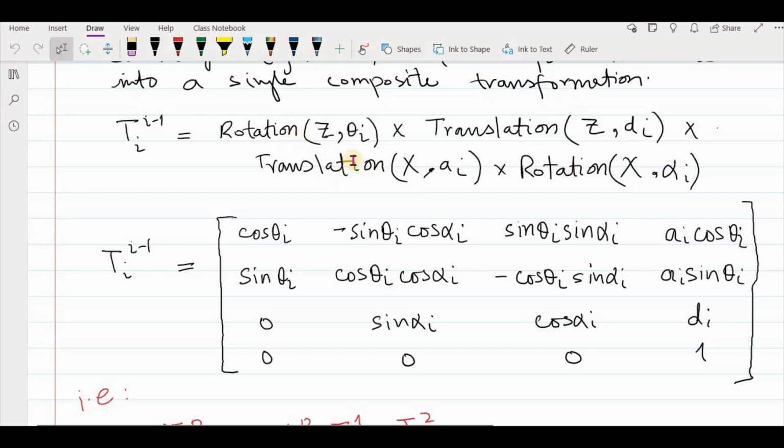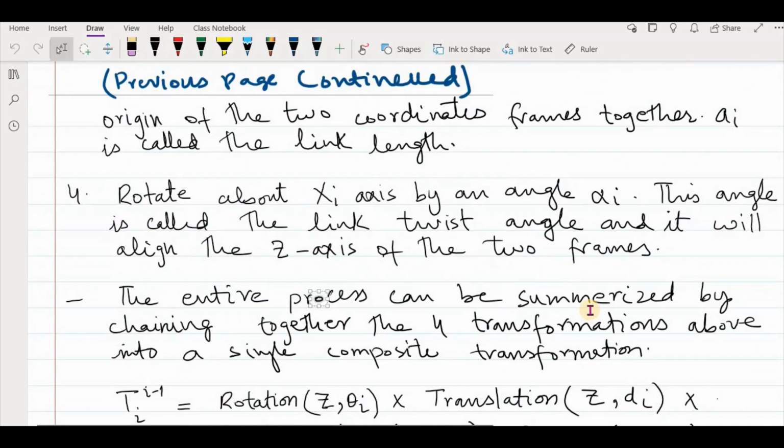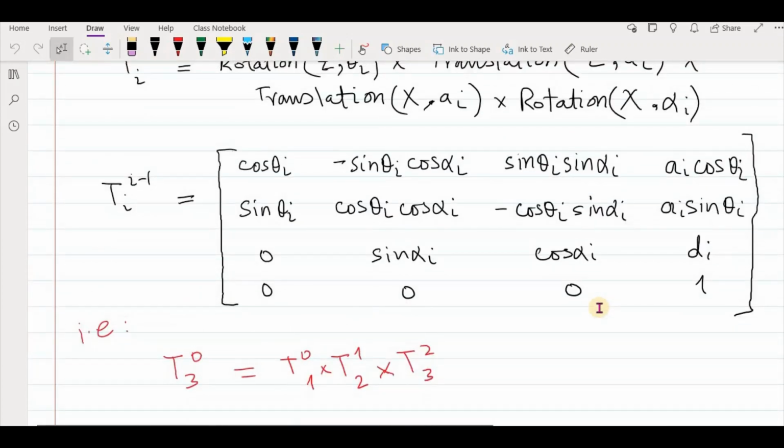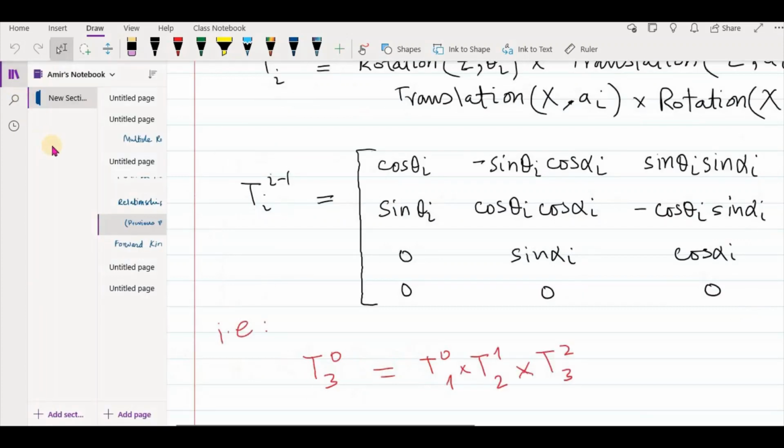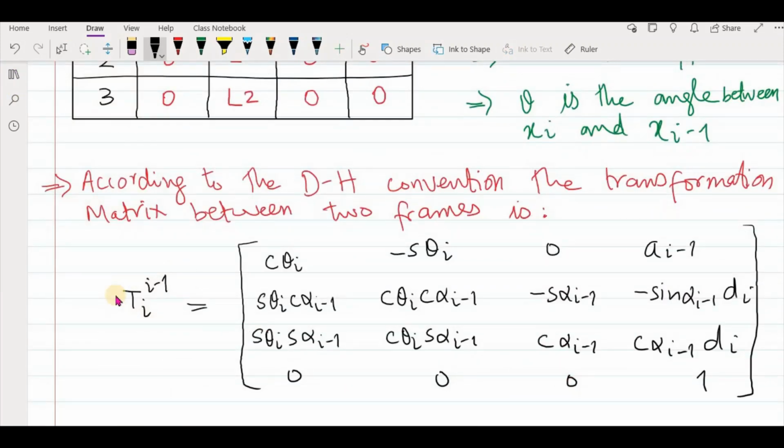But if you follow the sequence rotation, translation, rotation, translation, then this matrix will be different, okay? So two changes I have made here, and these changes are according to the book. This is the transformation matrix that can be used to transform the present frame into the previous frame.